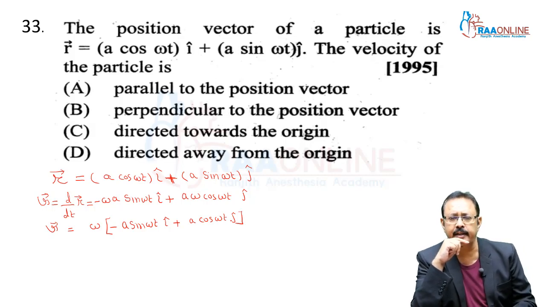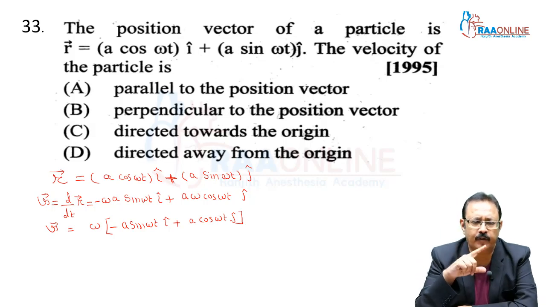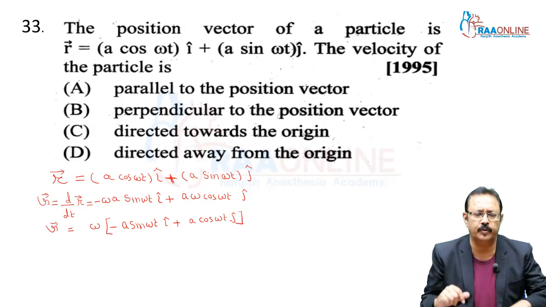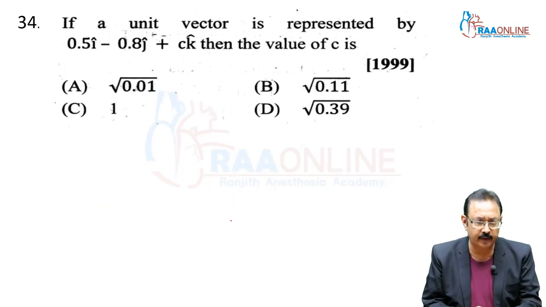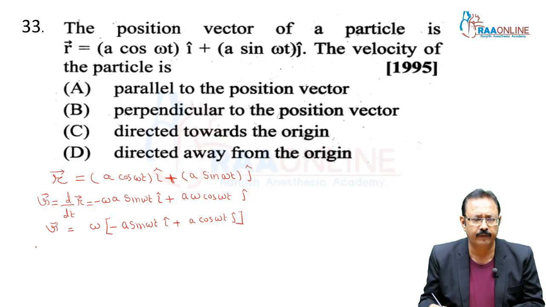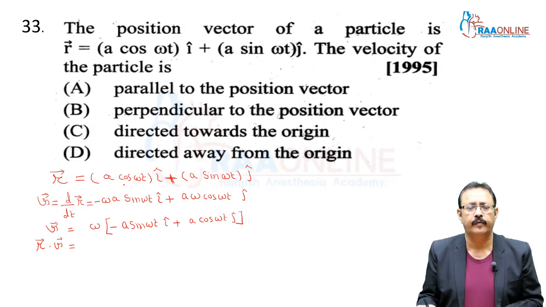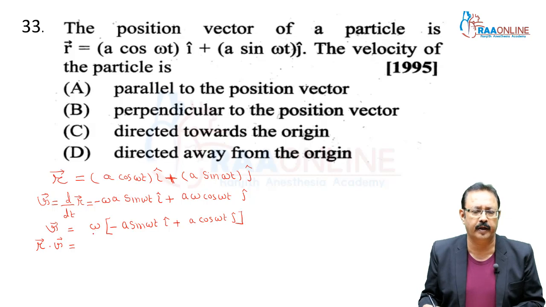The second thing they are saying, perpendicular to the position vector: if the dot product of R and V is 0, then only we can go for this option. So we will verify. We are dot multiplying R and V. We know the method of dot product. Coefficient of i cap: here A cos omega t, here minus A omega sin omega t.